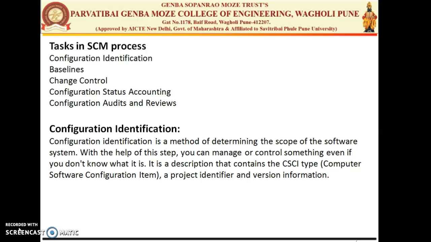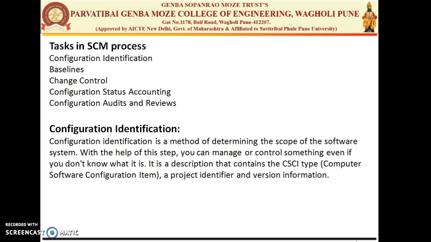Then the first layer is the identification of those items. Second is change control. Third is versioning, or we can say version control. Fourth is configuration audits, and the fifth one is reporting. So these are the 5 layers of the software configuration management process.